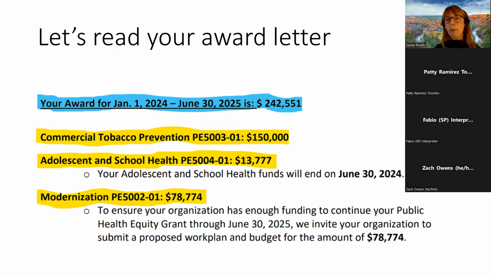The total amount of each of these budgets should and needs to come out to be $242,551. Okay, we'll go to the next slide now.